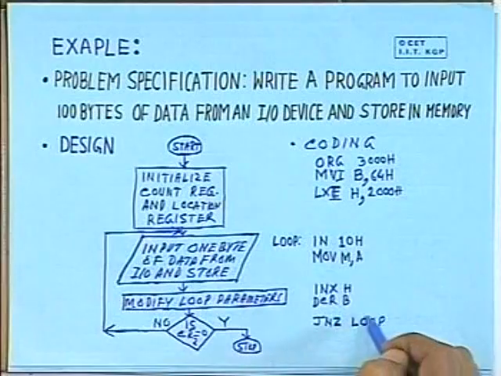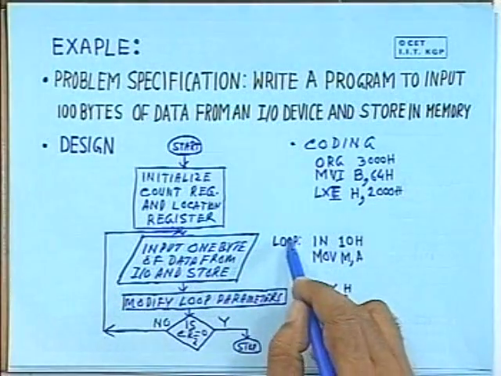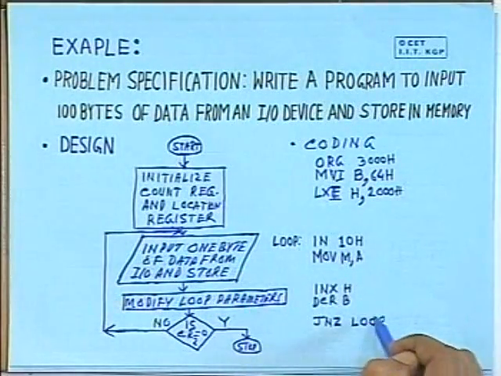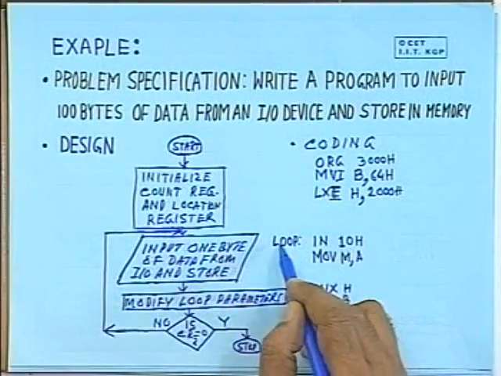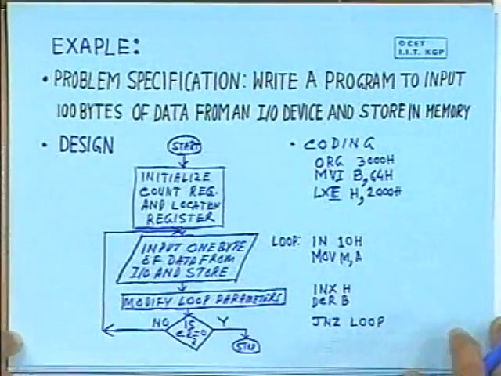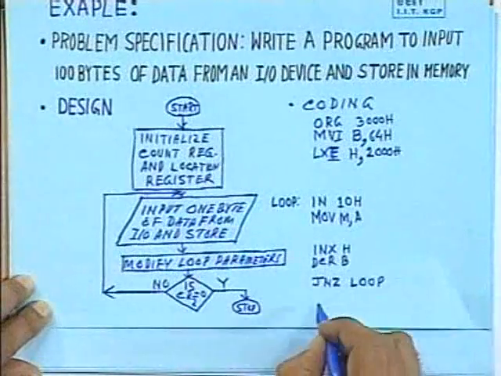But this address has to be given here, otherwise this symbolic address cannot be put unless we put a label here. And then comes the stop instruction, that is your halt.